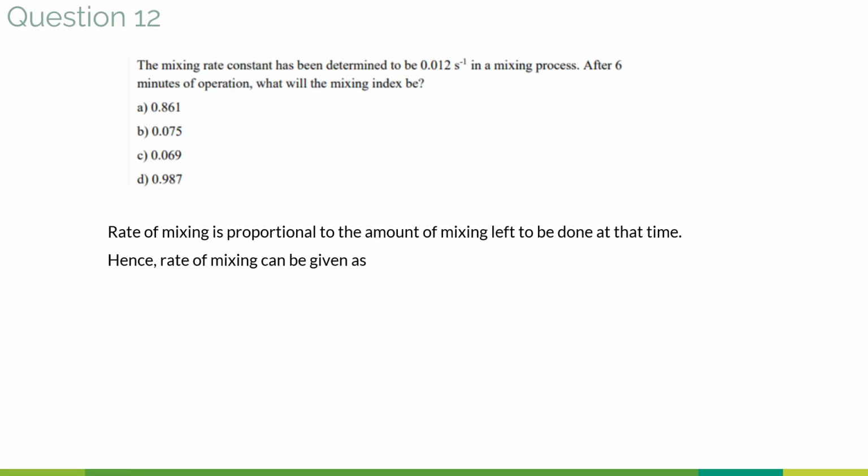So as I said, the only equation that relates the mixing index with the time is the rate of mixing equation. And the rate of mixing is proportional to the amount of mixing still left to be done at that time. So the rate of mixing can be given as dM by dt is equal to k into 1 minus M. Integrating this, we get natural logarithm ln of 1 minus M equal to minus kt.